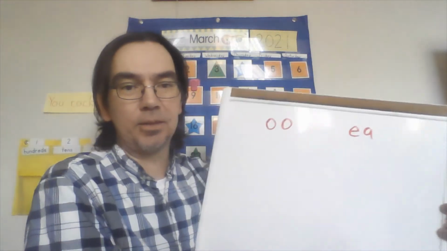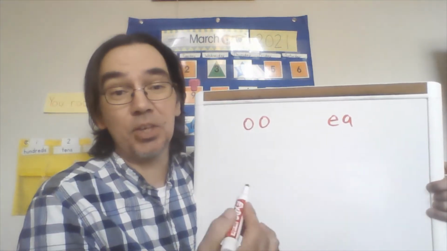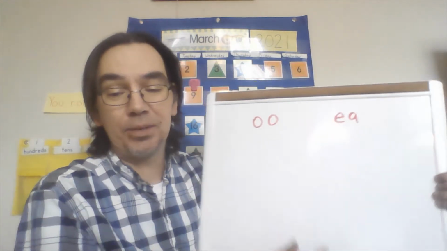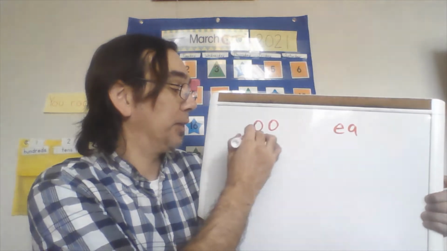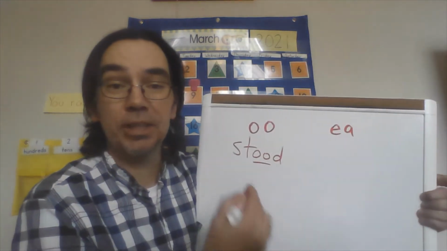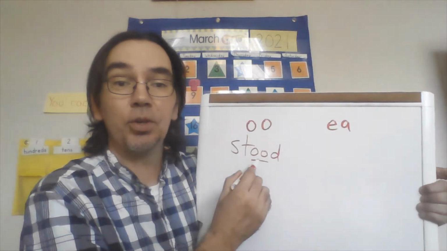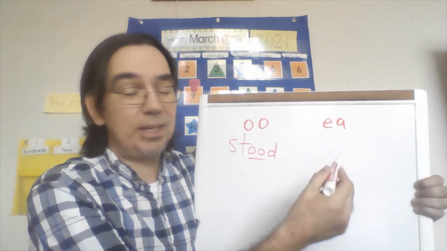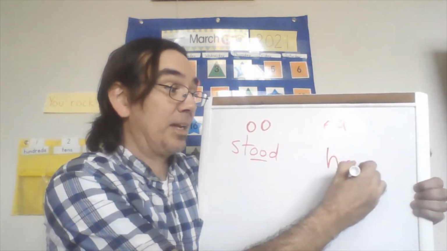That's right. We have our OO and an EA that we're going to look at. OO and EA. Here it is here. So we're going to look at these as well as our AU, ALK, and AW words, right? Now these ones will be in words like stood, where this OO makes an uh sound. And then the EA is going to be like in head.